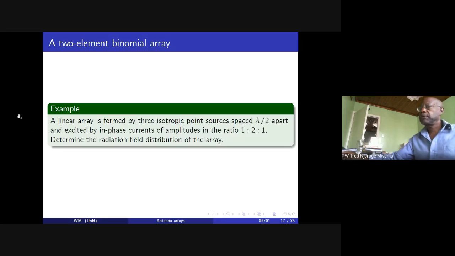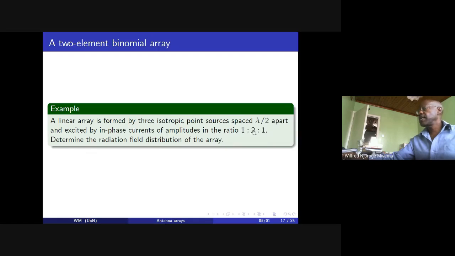So, example: a linear array is formed by 3 isotropic point sources spaced λ/2 apart and excited by in-phase currents of magnitudes in the ratio 1 to 2 to 1. Determine the radiation field distribution of the array.